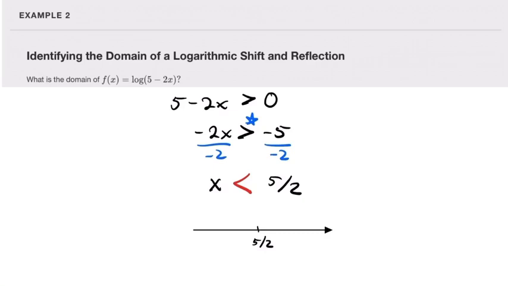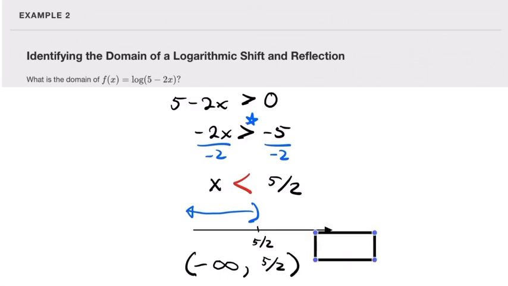And because it can't be equal to 5/2, we put a parentheses. Then we convert this to interval notation. The far left of this graph is negative infinity and the far right is 5/2. Both of these get parentheses.